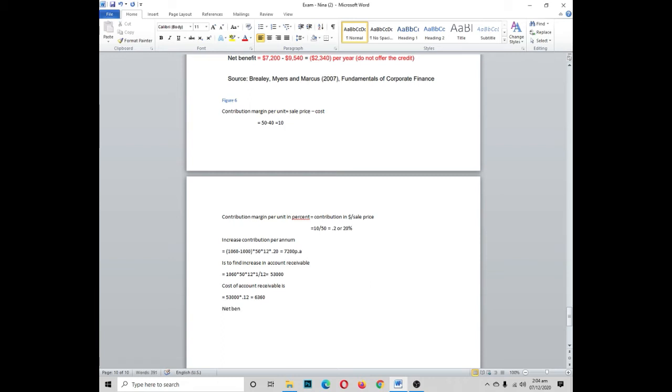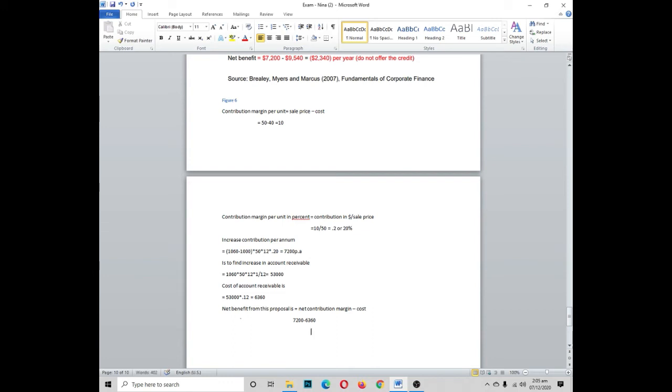Net benefit from this proposal is the net contribution margin less cost. The contribution margin we found is $7,200 less the cost of $6,360.